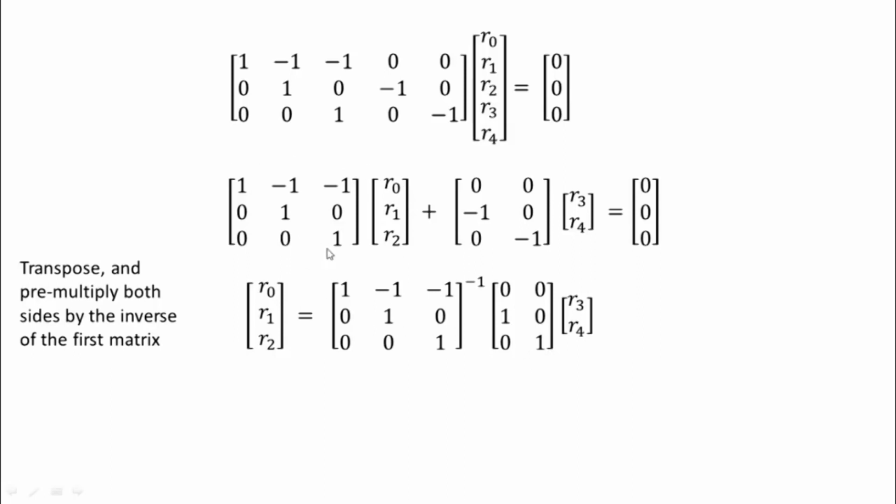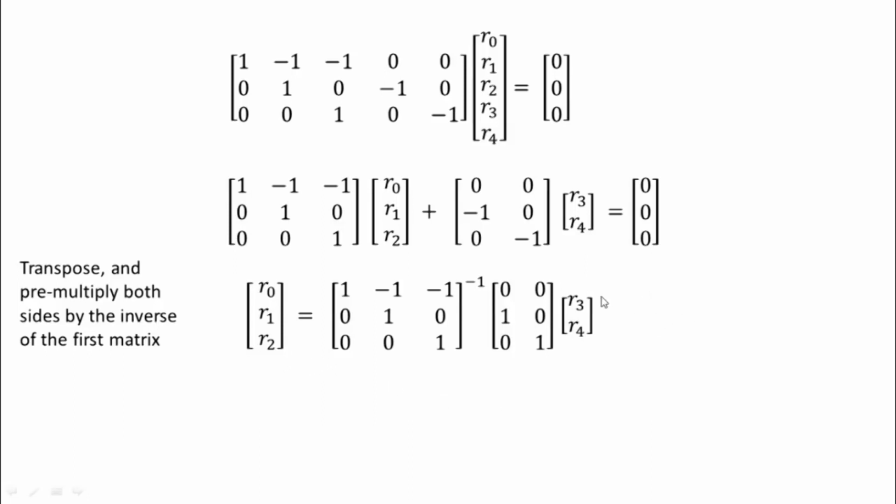So this equals this, that's our first step. Then we have pre-multiplied it with the inverse of this matrix, which is this. So the inverse times the matrix is a unity matrix. We are not going to represent that. This matrix times R3, R4 will directly give us R0, R1 and R2.